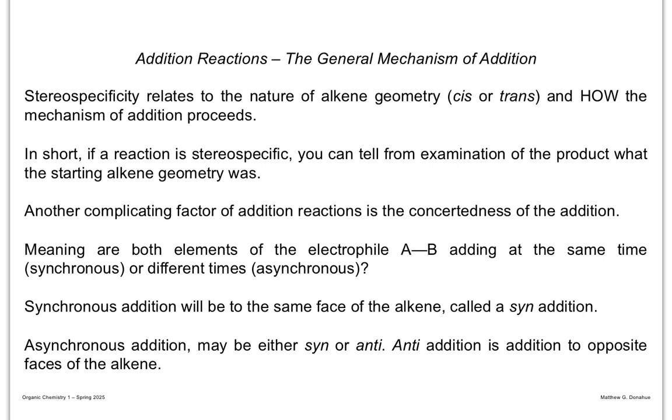And what that relates to is the nature of the starting material. So if your alkene is cis or trans, and then how that relates to what the product is going to end up with. So from that, it allows you to really predict the mechanism, how these things are adding. So in short, if a reaction is stereospecific, you can tell by looking at the product what the geometry of the starting alkene was. Was it cis or trans?